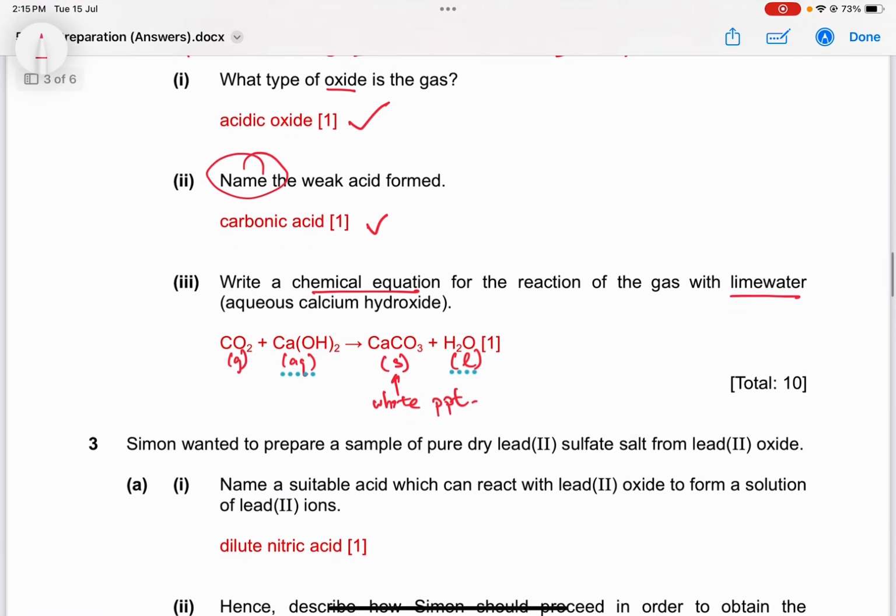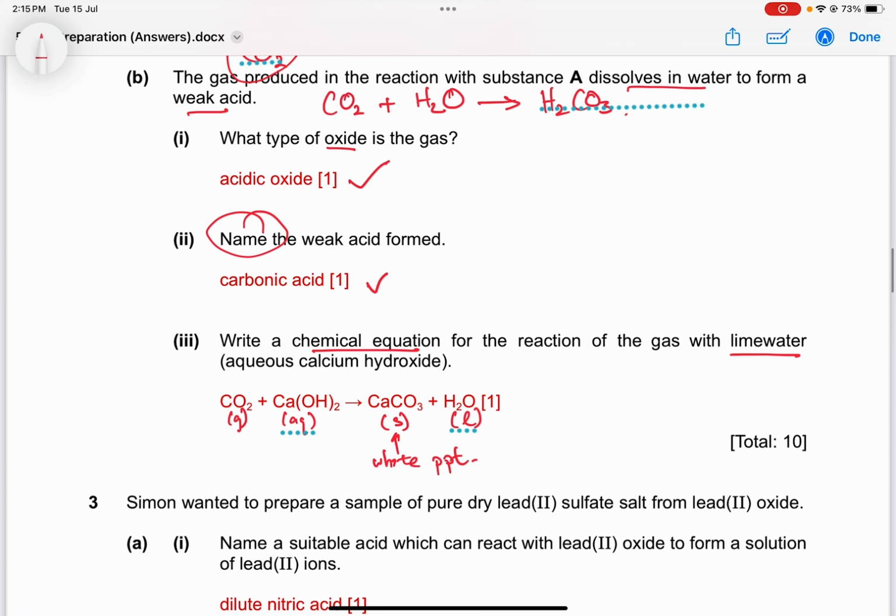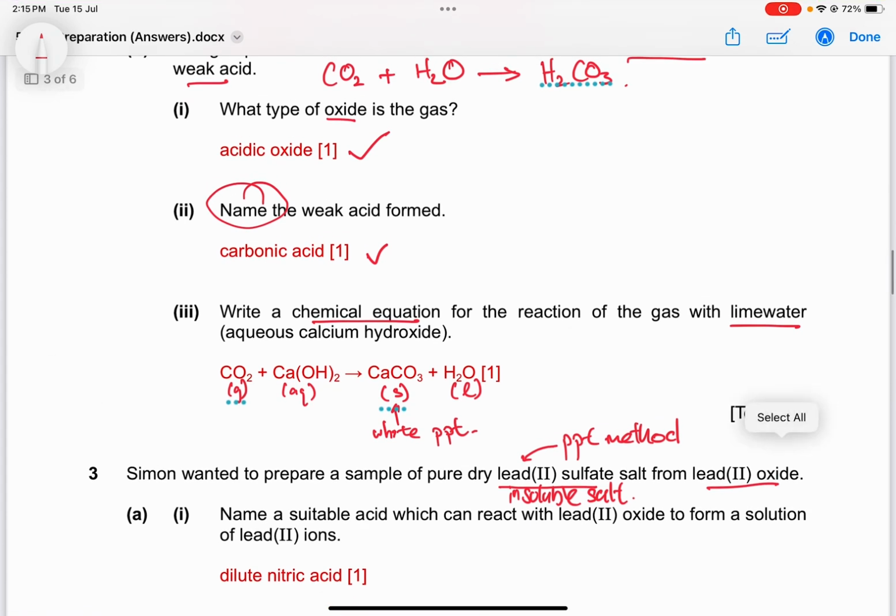Next up. Simon wanted to prepare a sample of pure dry lead 2 sulfate from lead 2 oxide. To prepare lead 2 sulfate, I know I need to use the precipitation method, because lead 2 sulfate is an insoluble salt. As I mentioned before, in order to use the precipitation method, I need to have 2 soluble reactants at the very start.